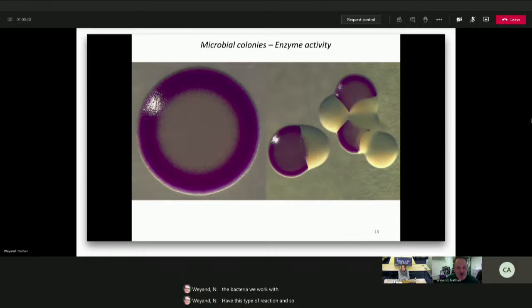The colony on the left is at higher magnification than the image on the right, but the image on the right has a mixture of colonies that are positive for this enzyme and negative for this enzyme. The purple ones are positive. The ones that are white or beige were also exposed to that compound, but they do not turn it purple. So this is a mixture. Again, we use that streaking technique to try to purify bacteria of interest away from other contaminants or other bacteria we're not interested in.